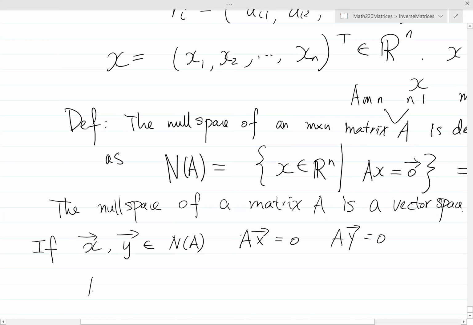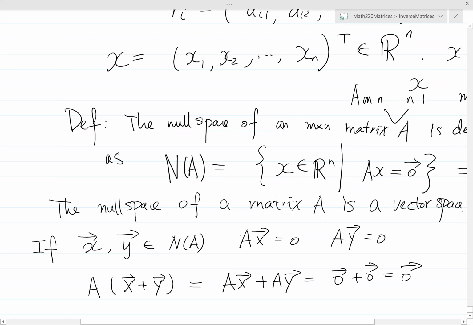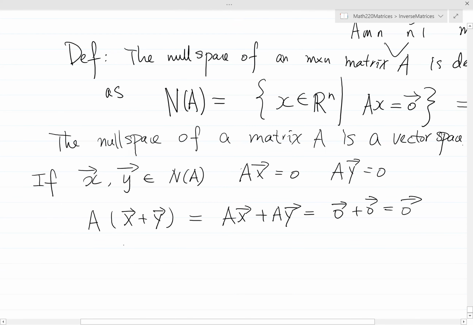Then A times (x plus y), using linearity, is Ax plus Ay, which is 0 plus 0, the zero vector. So x plus y is again in the null space N(A).